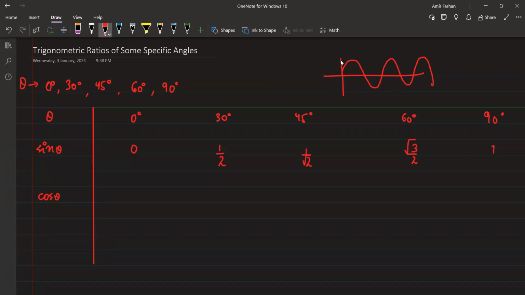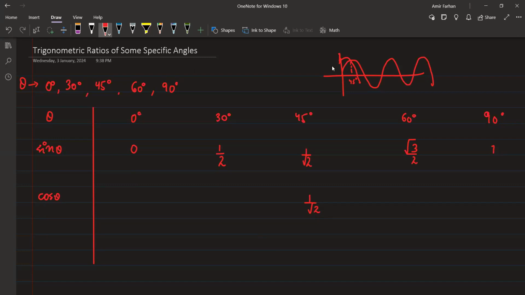And the cos theta graph is like this: where sine is minimum, cos is maximum, and they intersect at 45 degrees. The values of sine and cos are the same at 45 degrees, which means 1 by root 2 for both sine and cos. Clear?